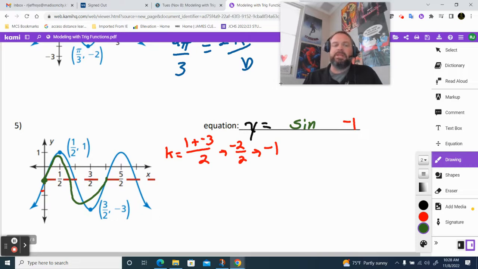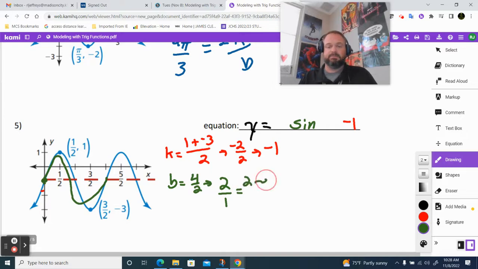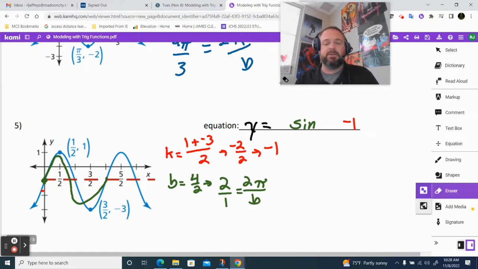What would be between 3/2 and 5/2? 4/2. And 4/2 is what? 2. So that's our B. Or that's not a B, that's our period. So we got to use that to find our B.